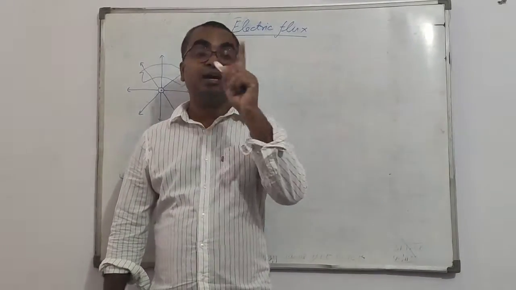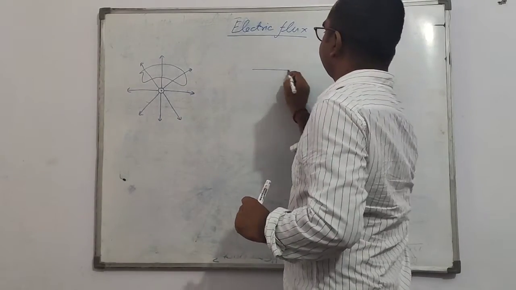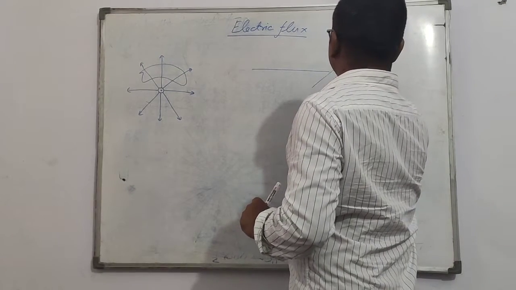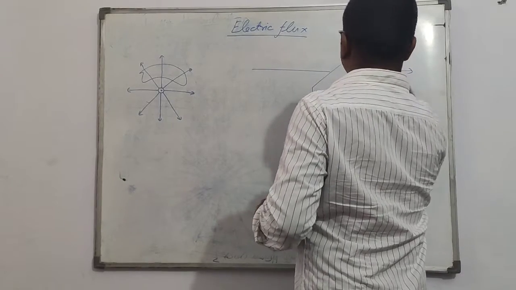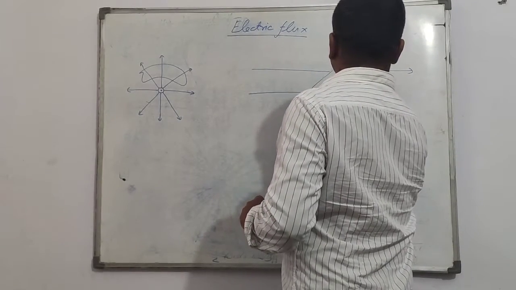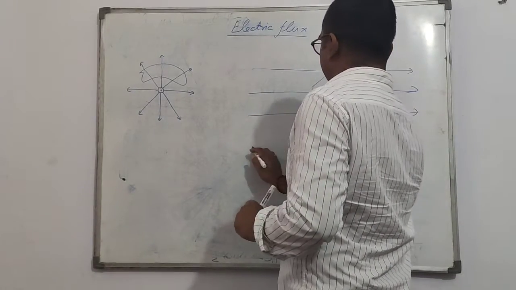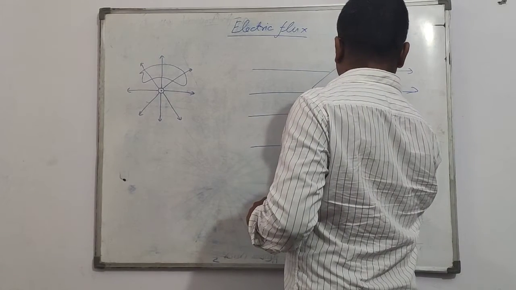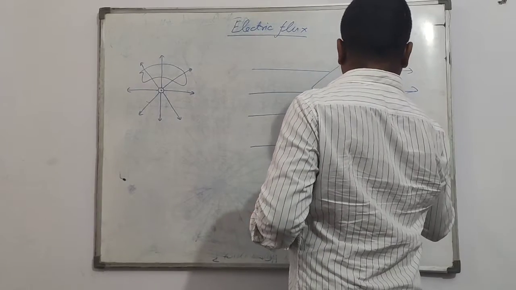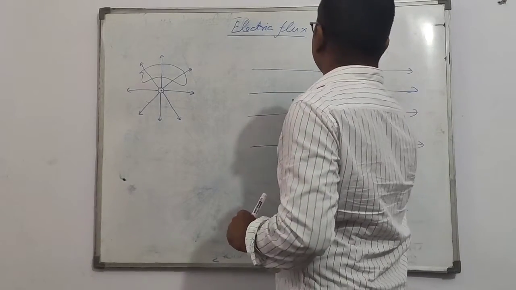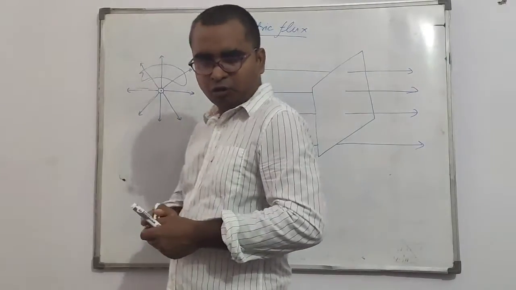Likewise, from this surface area, how many field lines pass? 4.